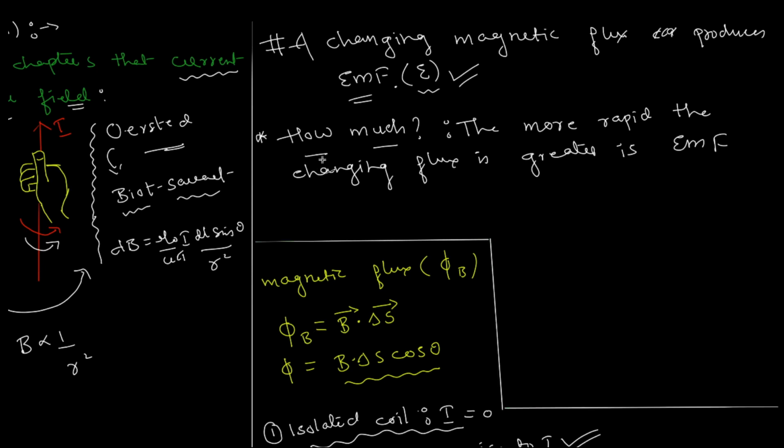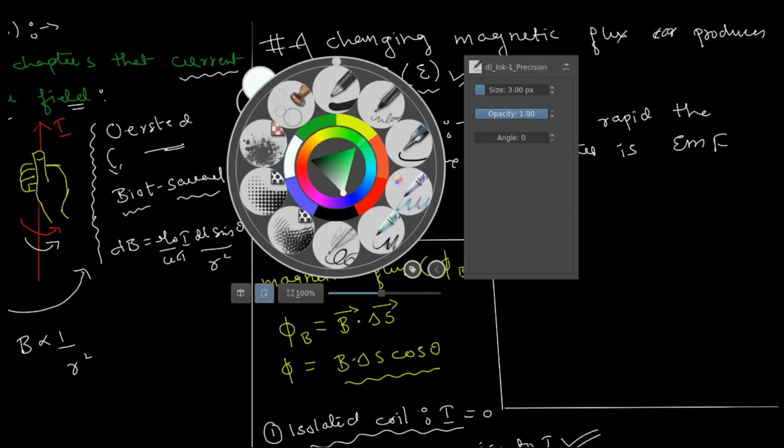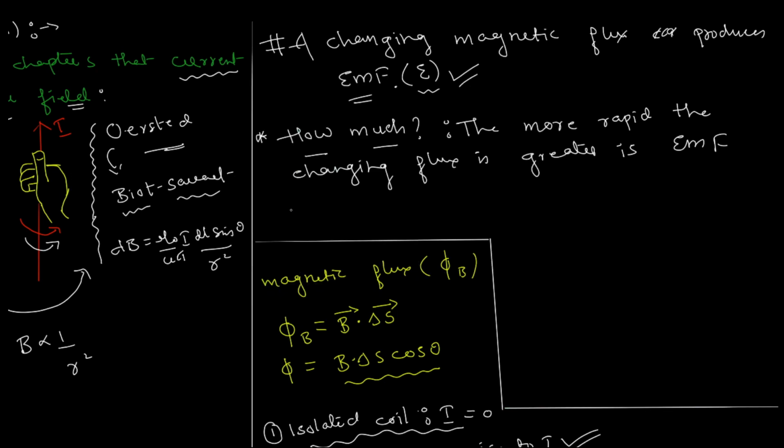So that brings us to Faraday's law, which is going to answer this question: how much is the EMF? You say there is EMF, then how much is it? Faraday has given two laws, and this is his second law, but we'll only be learning the second law in physics. So Faraday's law of electromagnetic induction goes something like this: the EMF induced.